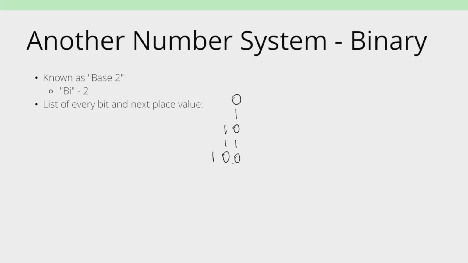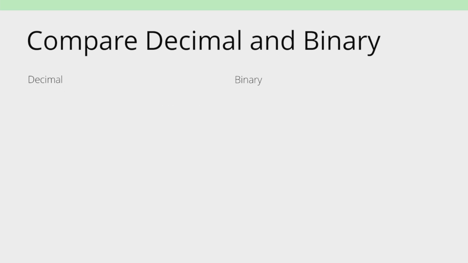Let's go ahead and compare the decimal number system and binary. In a decimal number system, I'm just going to start counting. We have 0, 1, 2, 3, 4, 5, 6, 7, 8.